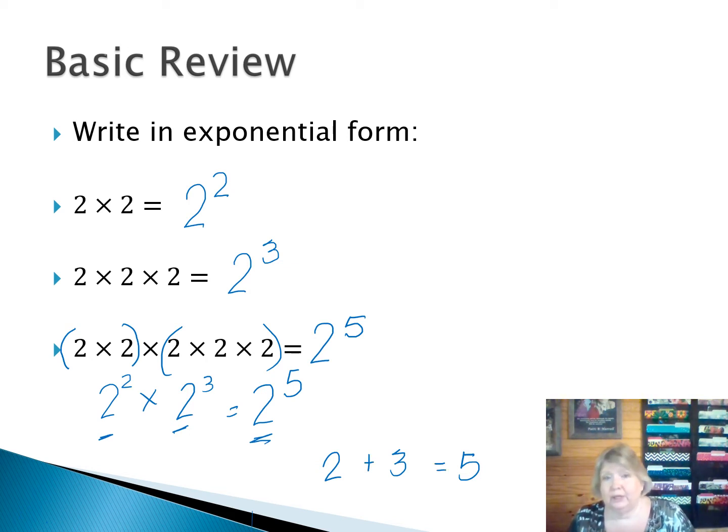So it looks like you're going to keep your common base and then add your exponents to get the exponent on your answer. Could it really be that simple? Yes, it can. There is nothing magical about these examples that I created, so they'll work anytime.